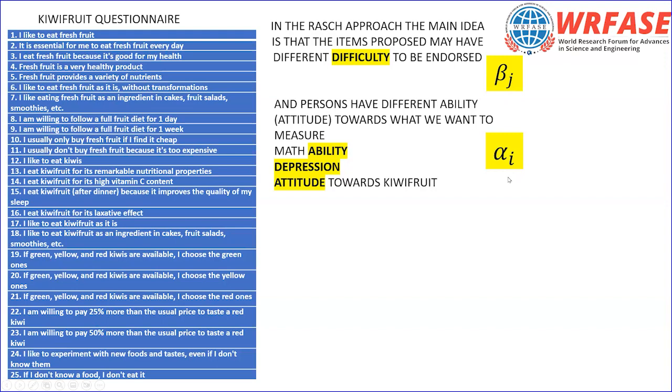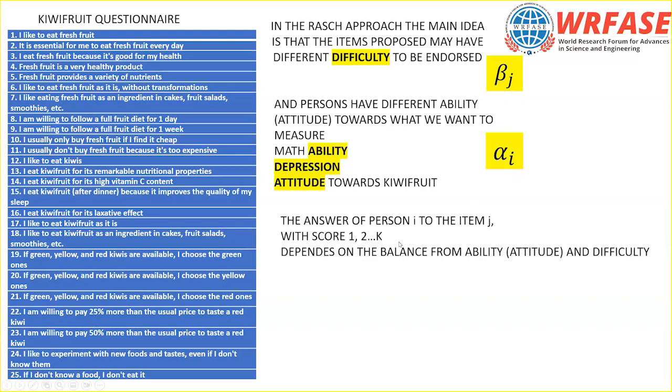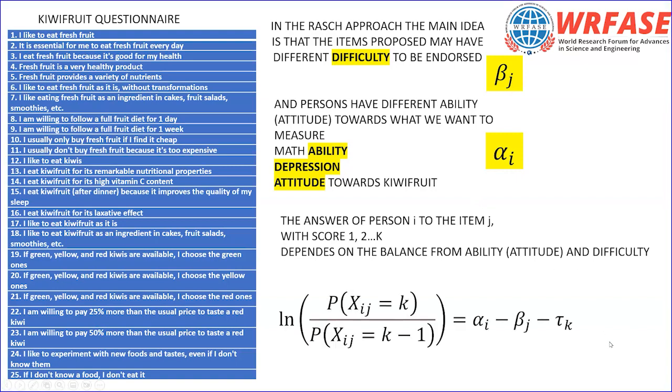Alpha is the attitude towards, for example, kiwi fruit. In this case, the answer of person I to item J is a score 1 to K. It depends on the balance of ability and difficulty.